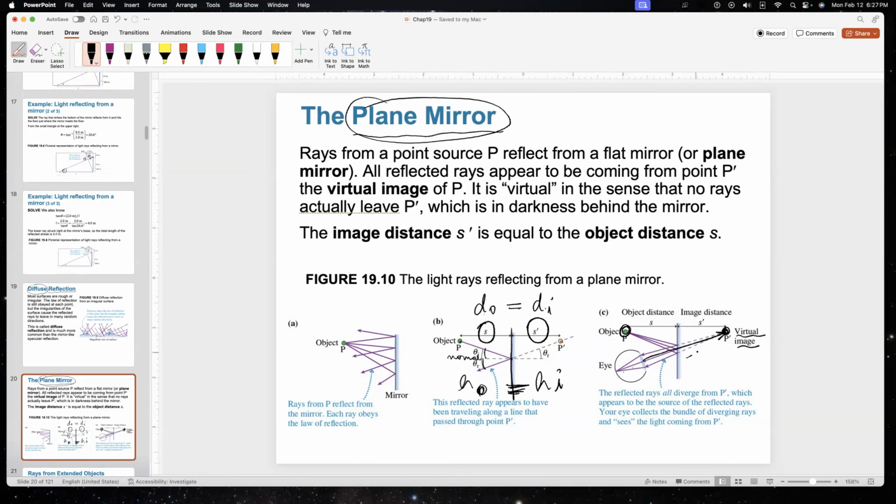So when you see these rays being drawn, the so-called virtual rays of light, you're always going to use dashed lines. Always use dashed lines to indicate virtual rays of light. So they're fake, they're not real going inside.